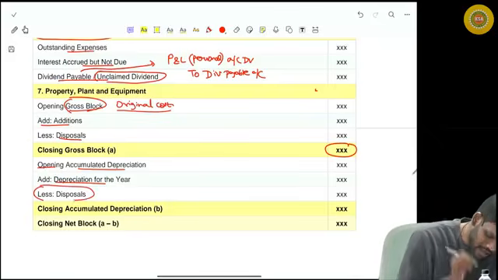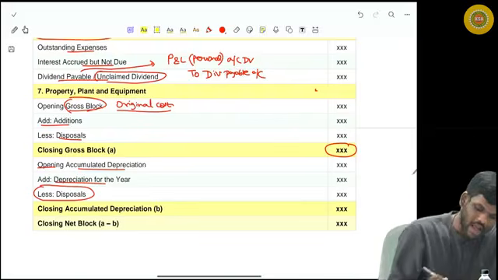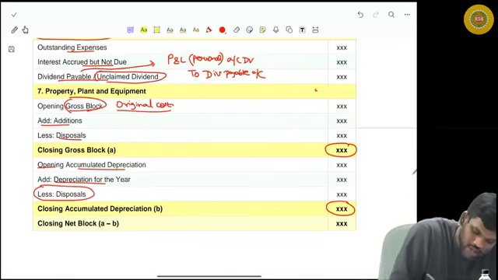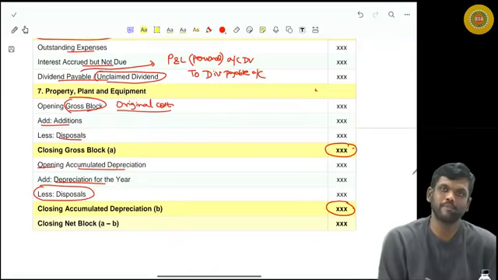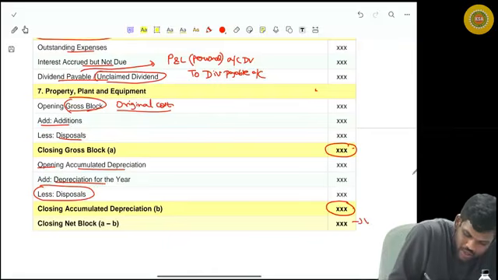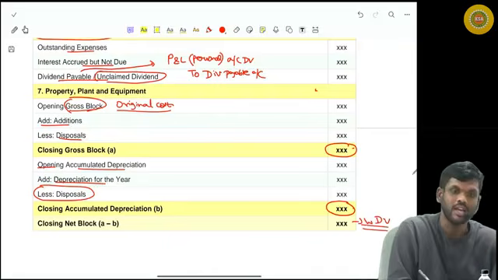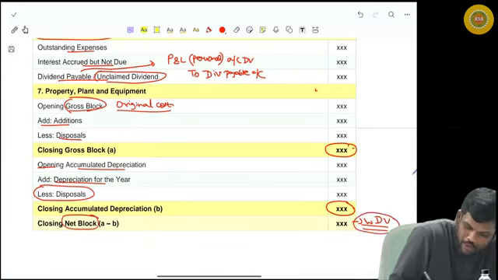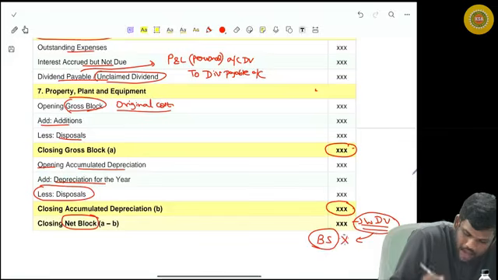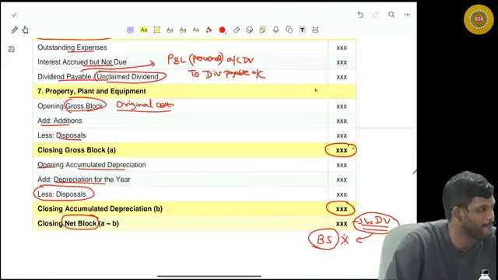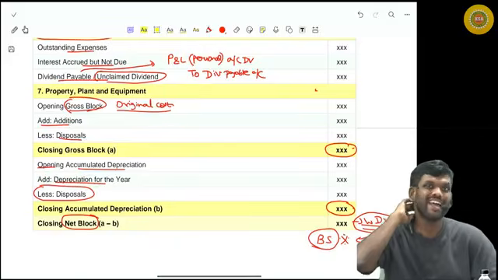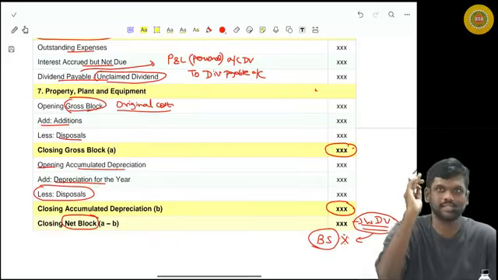That also should be subtracted here, and then you will get the closing accumulated depreciation. This original cost minus accumulated depreciation will give you the WDV of this PPE. This is also called net block. Only this closing WDV will come on the face of the balance sheet. Hope you are clear. In the same way you should also disclose for intangible assets.